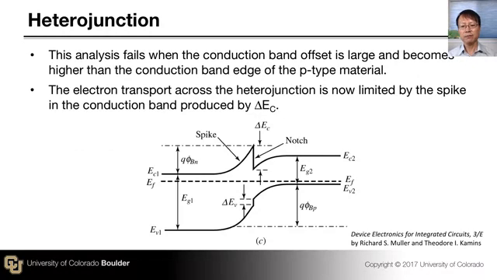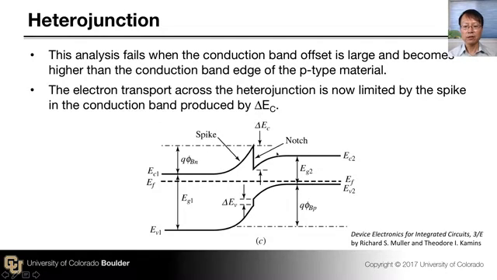If you have a situation where the notch, the maximum energy point for the conduction band of material 1, actually is located at a higher energy than the conduction band of material 2, then the total energy barrier for electron is determined by the band bending on material 1.